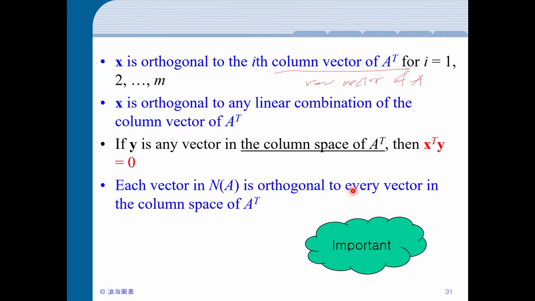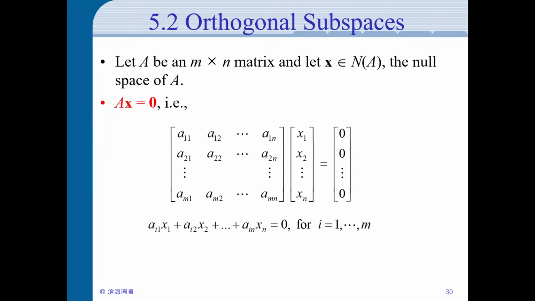Okay? And so because x has a 0 inner product with every row here, and I guess we didn't say inner product is linear, but it's easy to check. So if you take any linear combination of the row vectors here, the inner product with x is still 0.